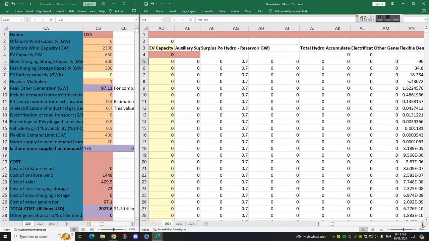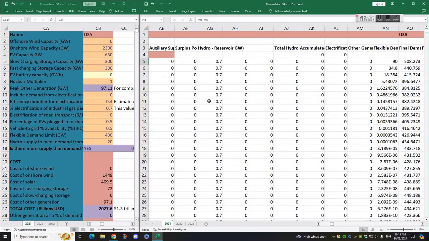Okay, if after discharging from battery there's still a deficit in supply, so demand still outstrips supply, it calculates auxiliary supply. Now auxiliary is made up of 2 sources. It can be existing hydro capacity, so they have about 80 gigawatts of dams on the US grid, much less on the German grid, only a tiny amount.